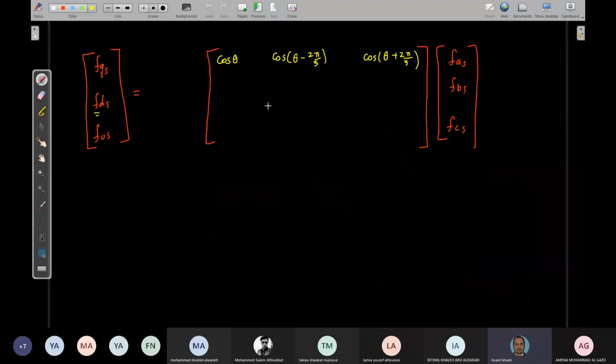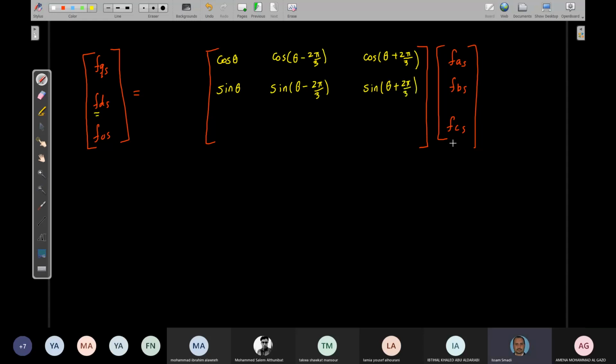So this will be the complement, sine theta. The second one will be sine theta minus 2 pi over 3. And this will be sine theta plus 2 pi over 3.